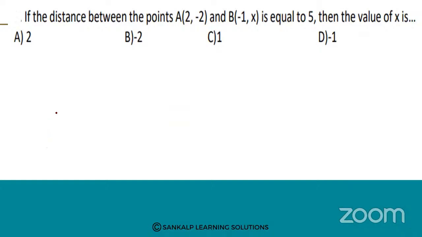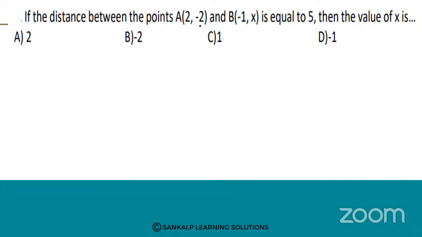Next, if the distance between the points A (2, -2) and B (-1, x) is equal to 5, then the value of x is.